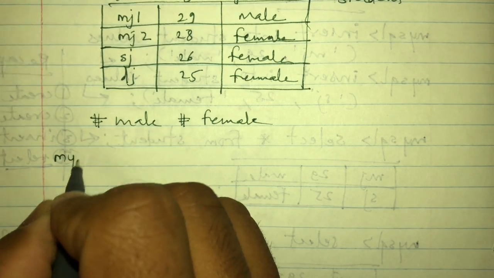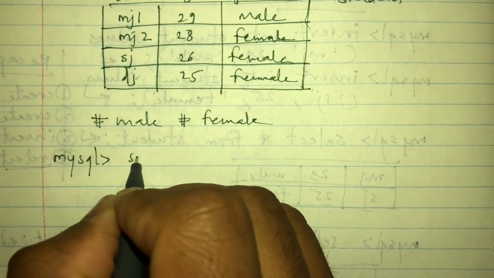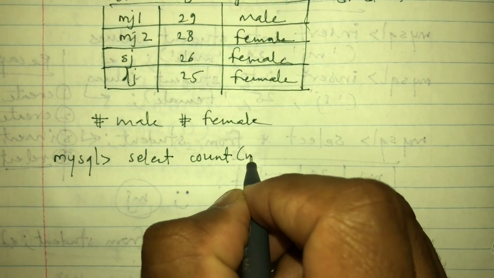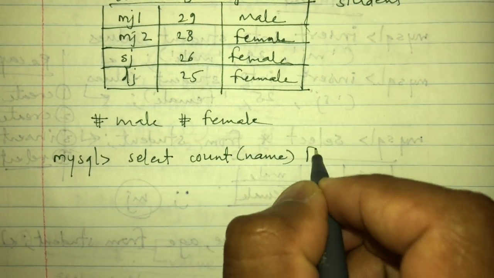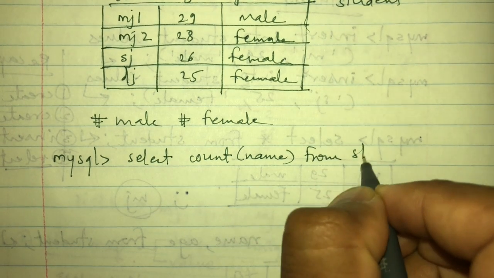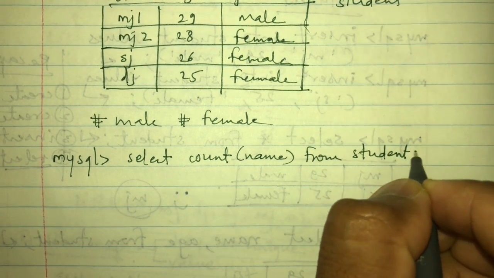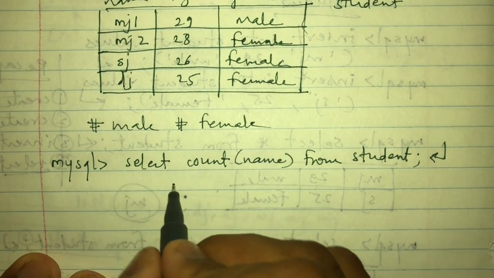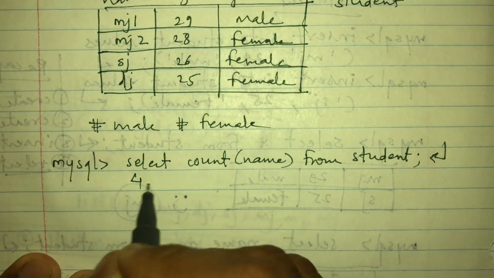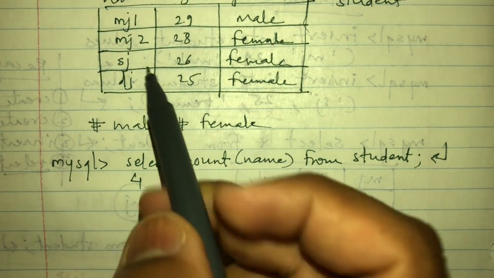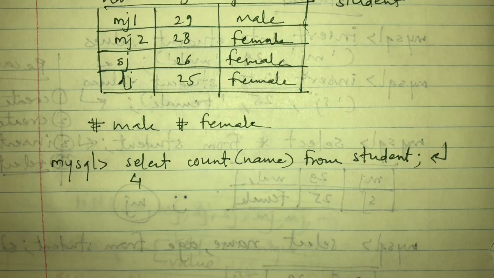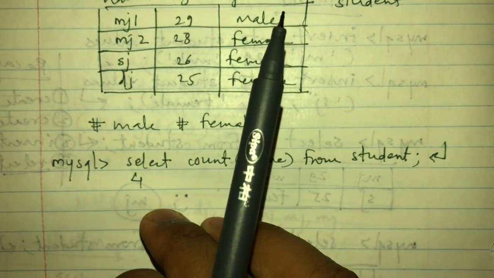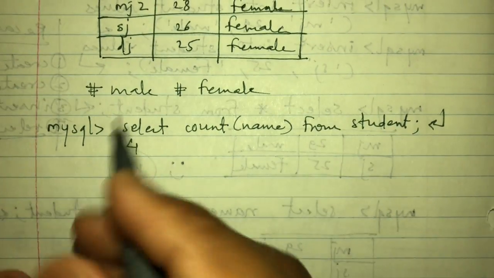So let's say my first query is just a simple select count of name from student. If I run this SQL query, the output of this query will be 4, which tells me that there are 4 students in my class, but still I'm not able to figure out how many of them are male, how many of them are female.